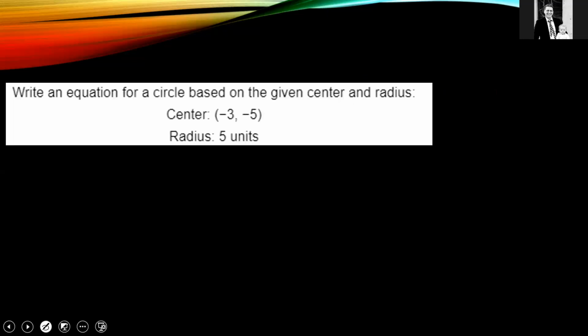Okay, let's do another one. It says, write the equation of a circle based on the given center and radius. So we have x minus our x value squared plus y minus our y value squared equals our radius, 5 squared.